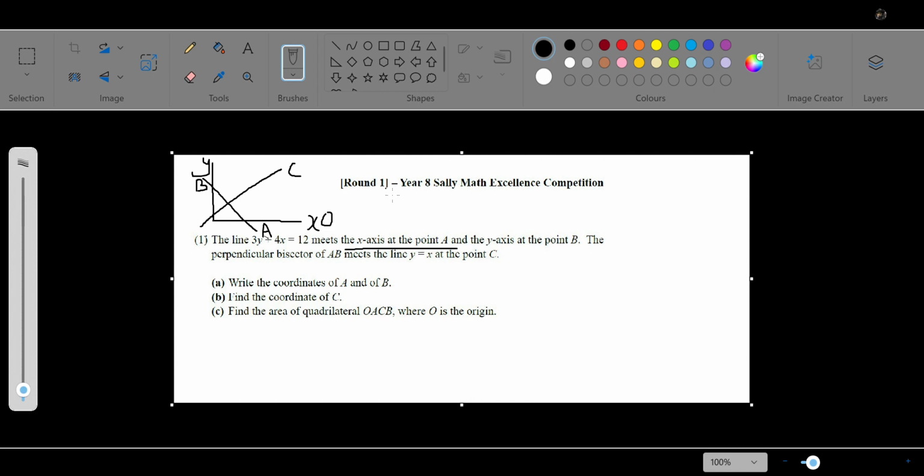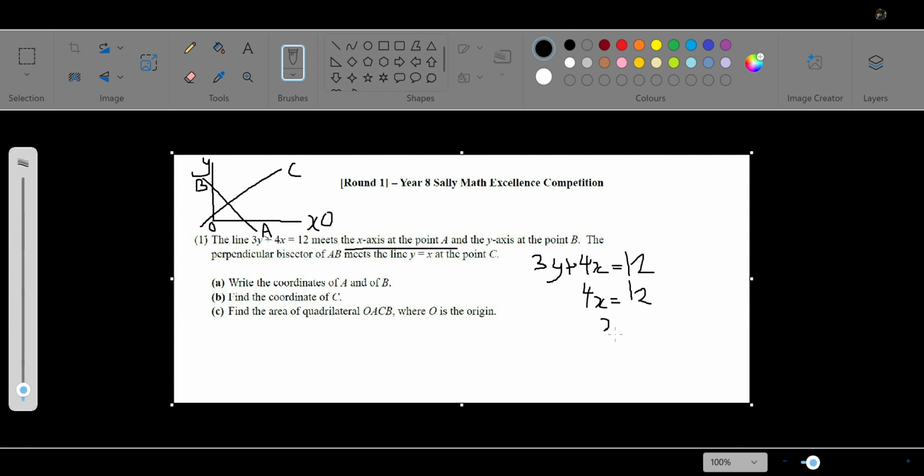So in order to find the coordinates of A and B, this is the equation 3y + 4x = 12. For point A on the x-axis, y = 0. So you substitute y into the equation.